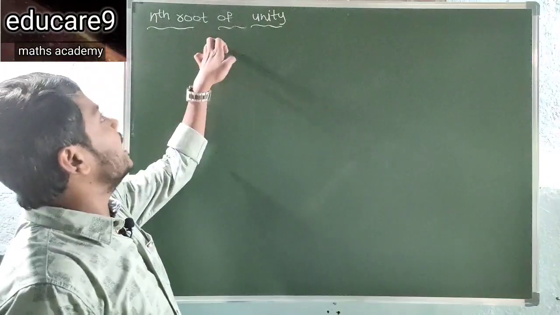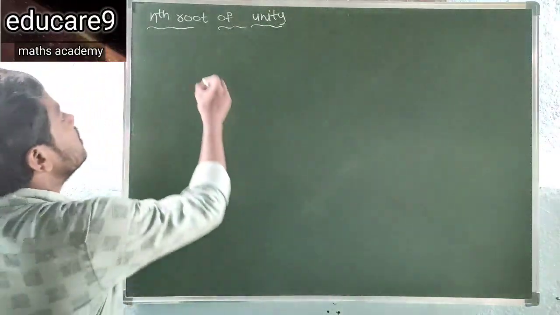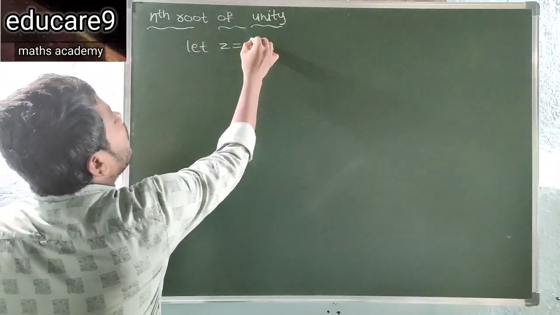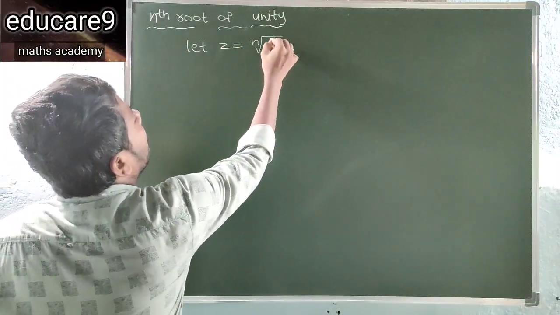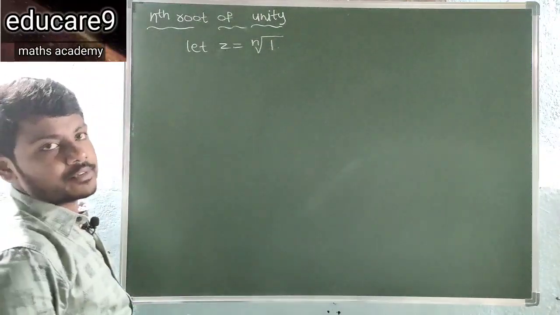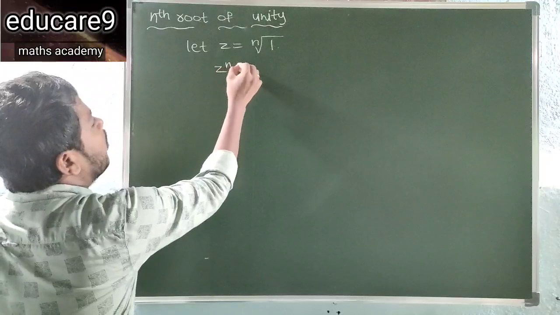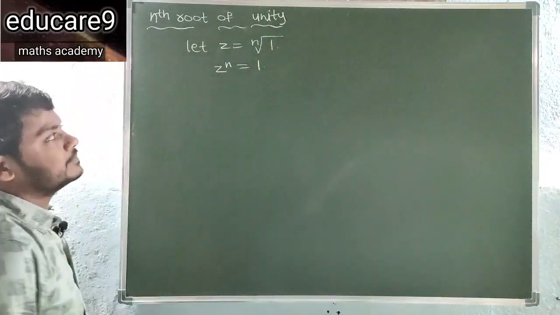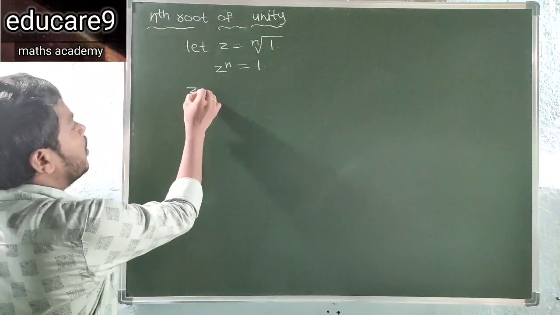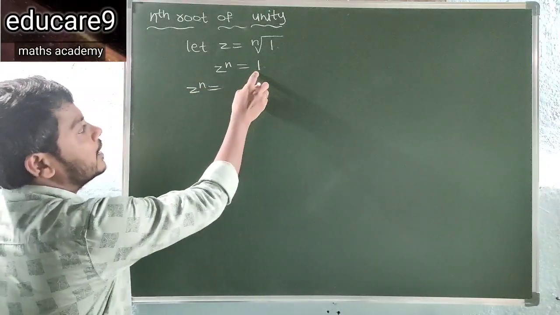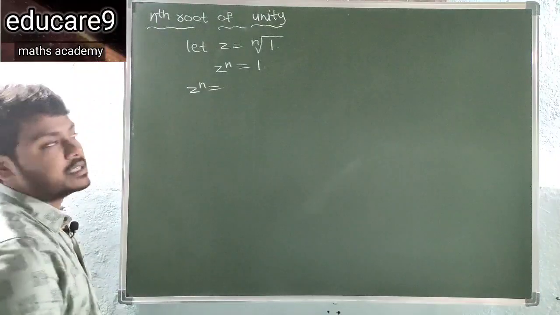Next, nth roots of unity. First let z equal the nth root of 1, meaning nth roots of unity. This can be written as z power n equals 1. How do we write 1 in terms of cos plus i sin?